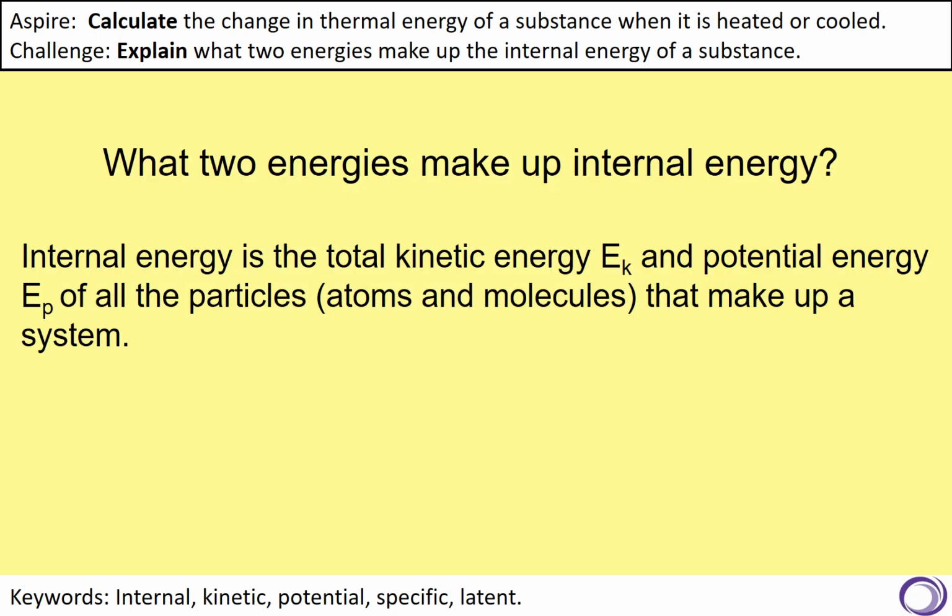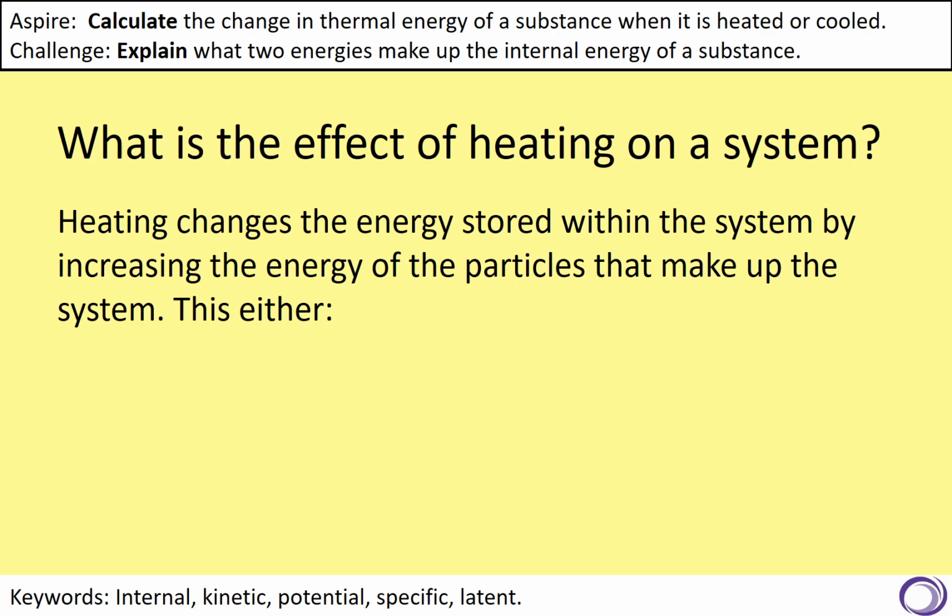If you were ever asked to calculate it, you just need to take the total of the kinetic energy and add it to the potential energy, and that will give you your internal energy. That is basically the two different types of energy in internal energy.